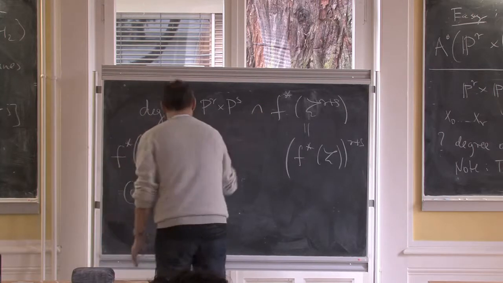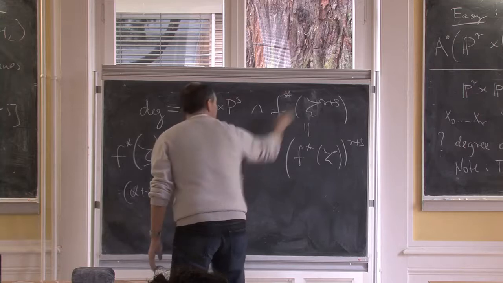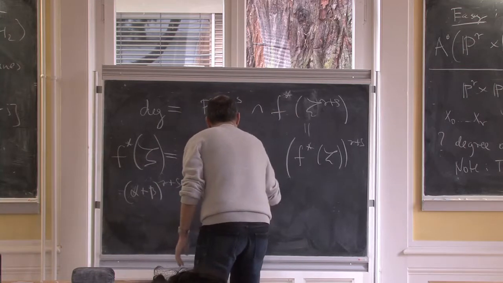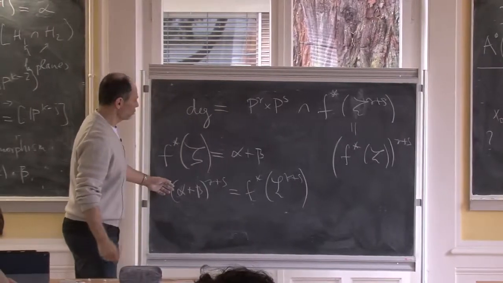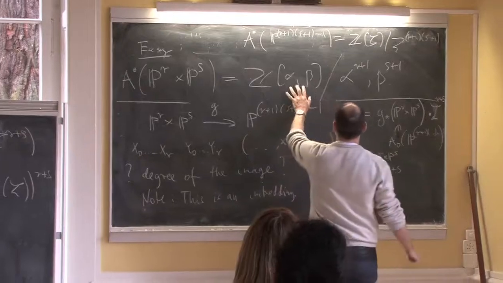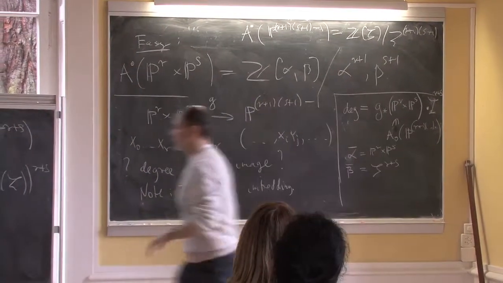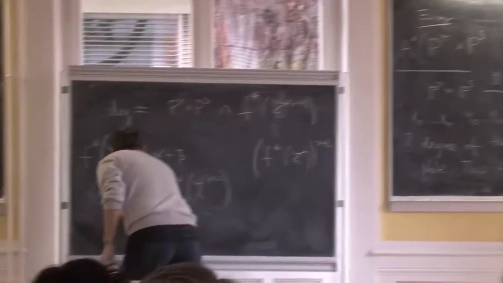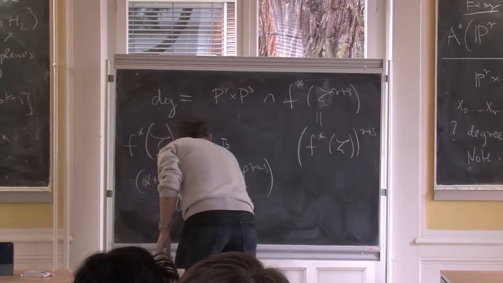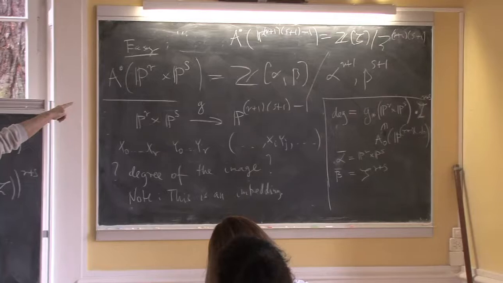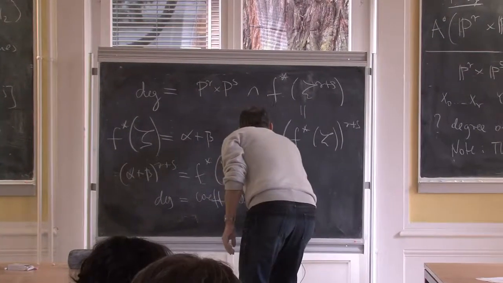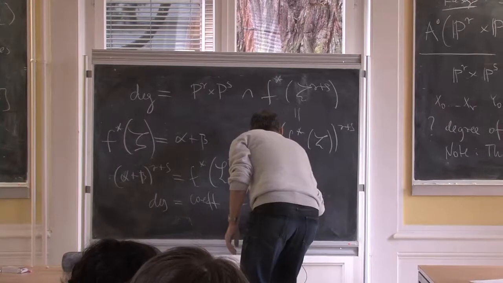This is precisely the pullback of zeta to the r plus s. And now I just need to calculate its degree, and it's easy to see that the degree is precisely the coefficient of the top term, alpha to the r, beta to the s.